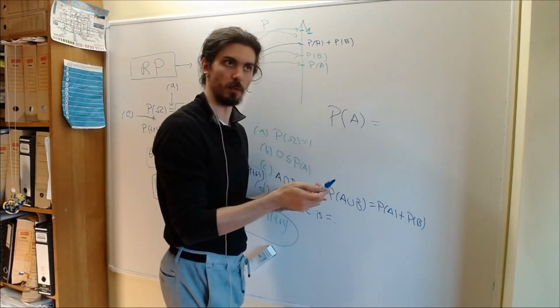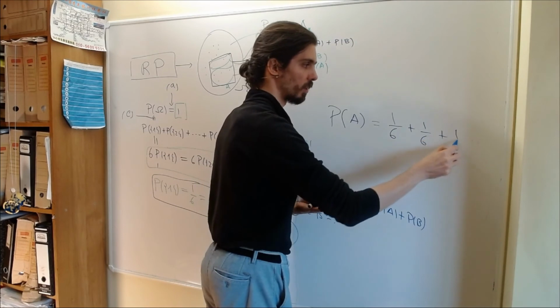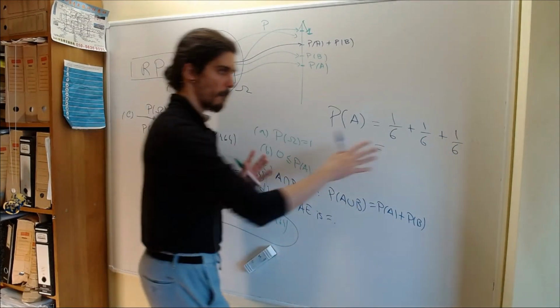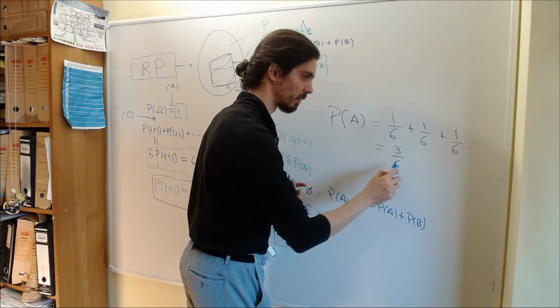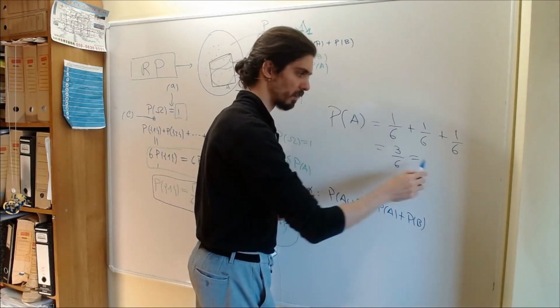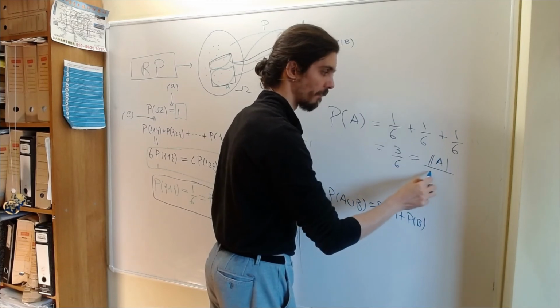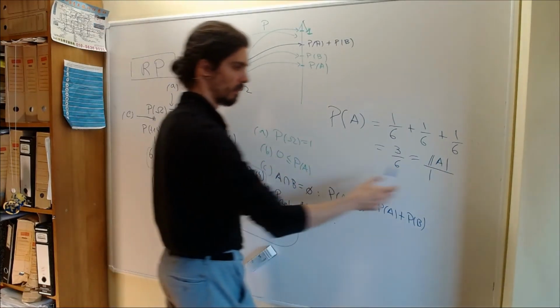But each one has a probability of 1/6. 1/6 plus 1/6 plus 1/6, right? Using again C. But this is the same thing, just look at it. It's 3 times 1/6, but 3 is the size of A. So ultimately, this is the size of A divided by 6, but 6 is the size of omega.